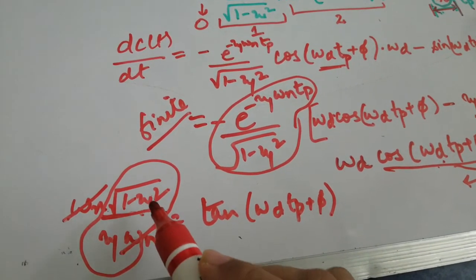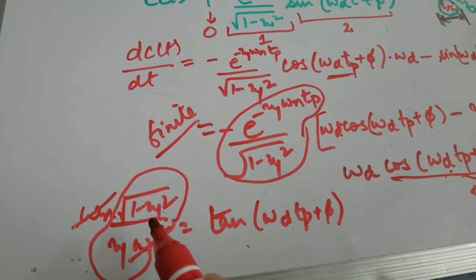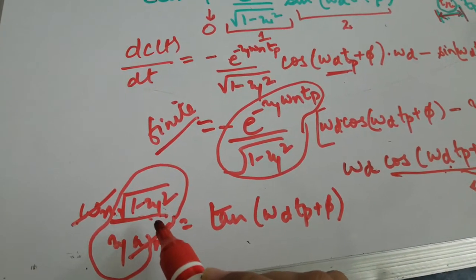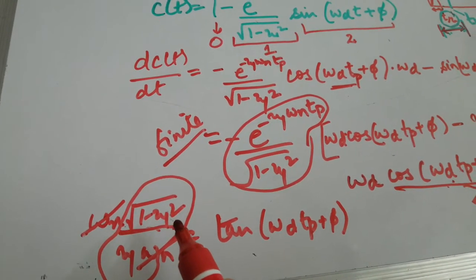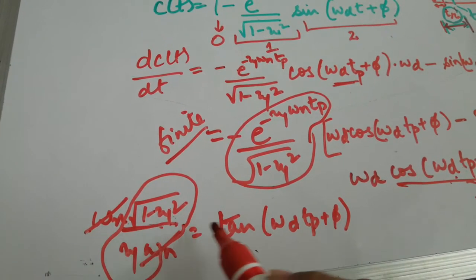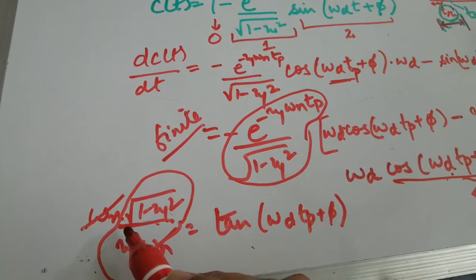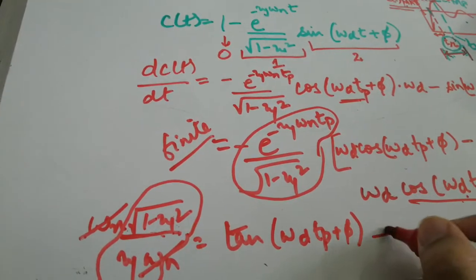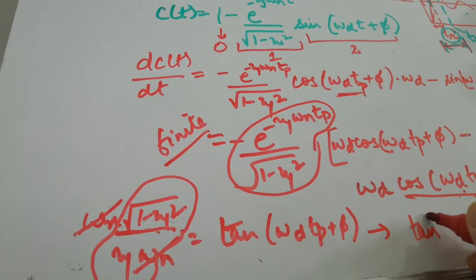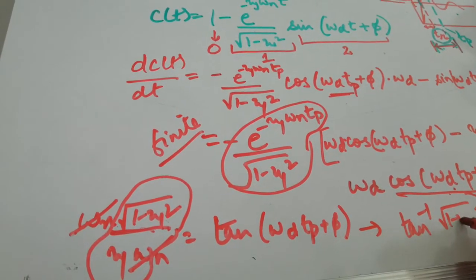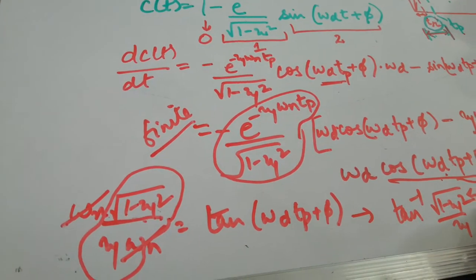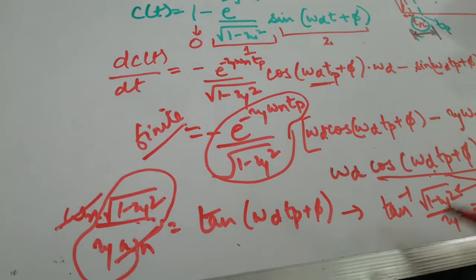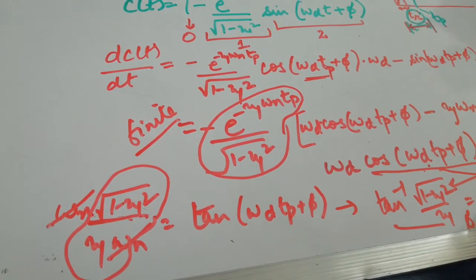And if you can correlate it to your previous lecture, this value is the value of tan inverse phi. So I am going to take it as a here and replace it with phi. So let's do it. This becomes tan inverse of under root of 1 minus zeta square upon zeta equals omega d tp plus phi. This thing becomes phi.